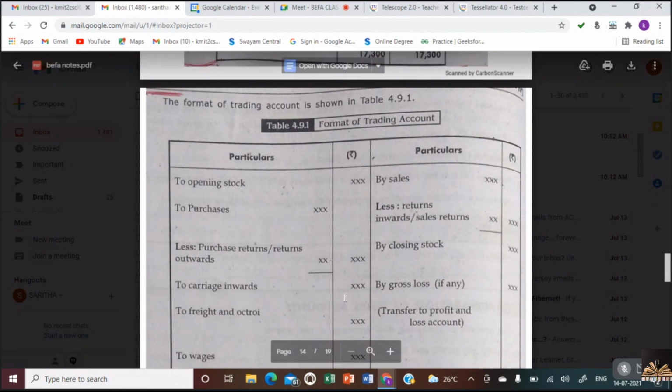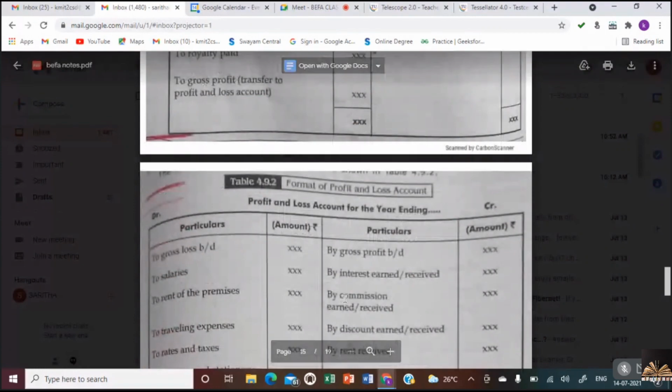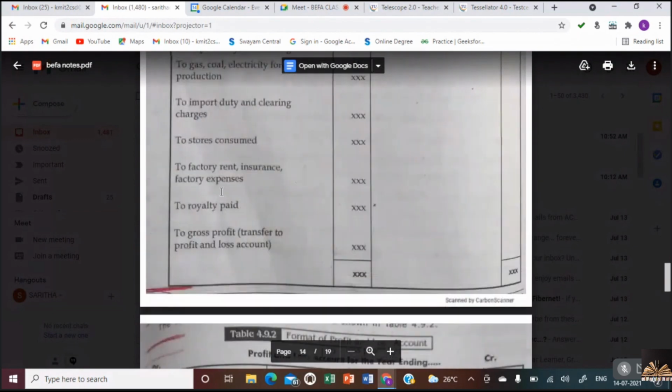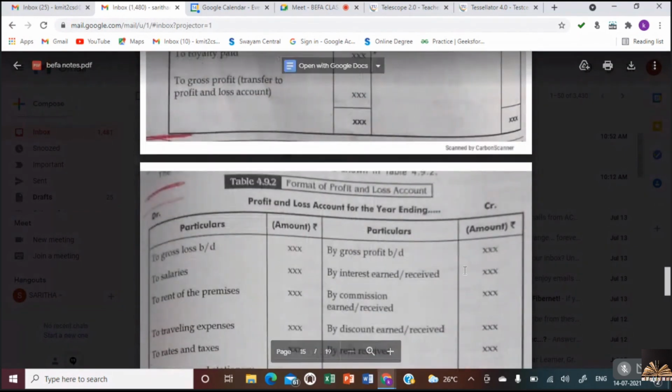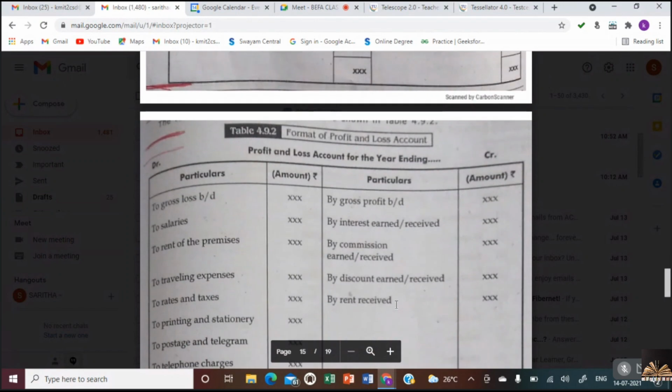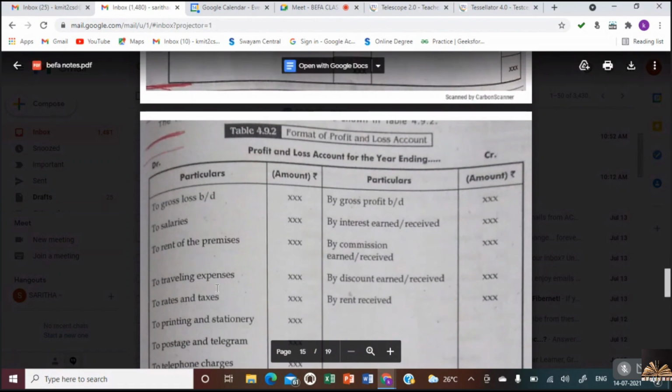Okay. Now going to the profit and loss account. So from where did we get this profit and loss account? Here, on the right side, credit, I have taken by gross profit. Okay, by gross profit. From this we take all the factory level incomes and expenses.